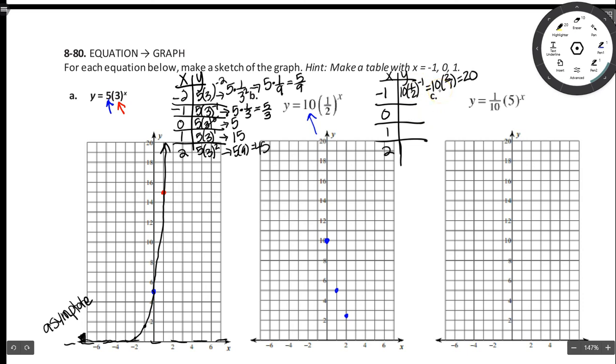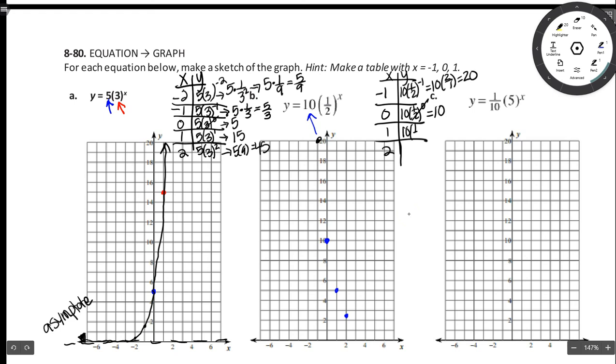So when your x is -1, you actually have a point at 20. And we do the same thing with 0. Anything to the 0th power is 1. And that is why it makes sense to get 10, just like we see here, the y-intercept, and it's visible in our equation.